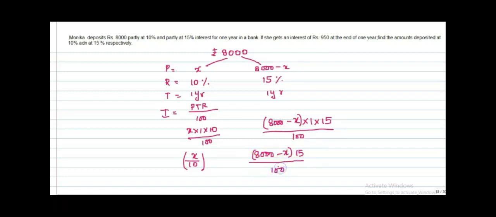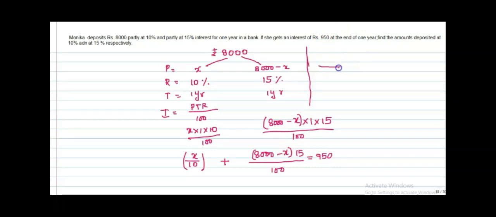But it's given that the total interest she has acquired at the end of 1 year is 950 rupees. So we have an equation here. We need to simplify this: x by 10 plus 8,000 minus x into 15 by 100 is equal to 950.